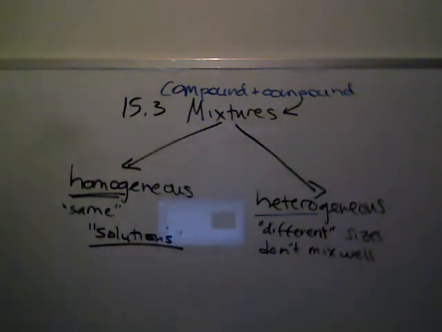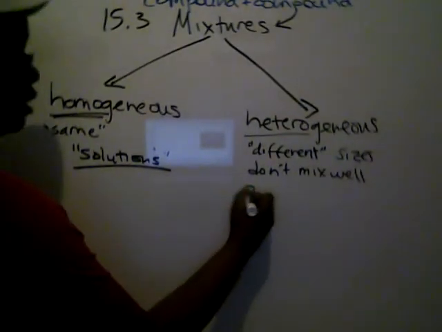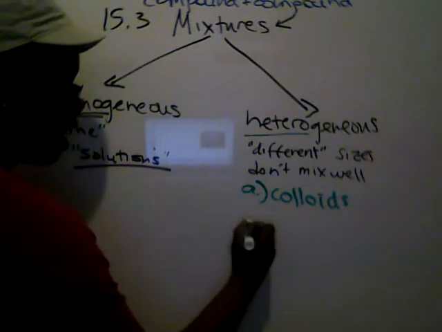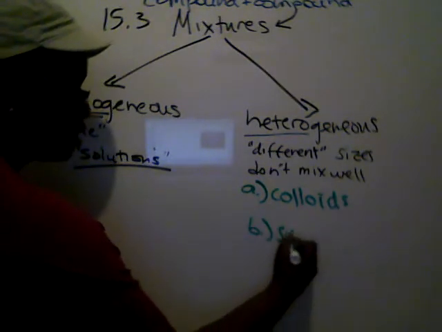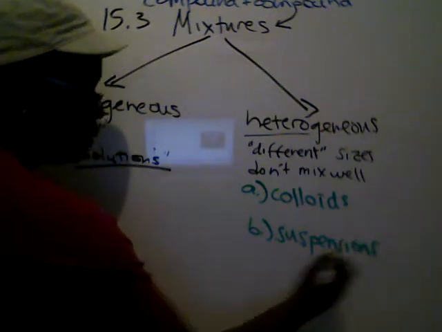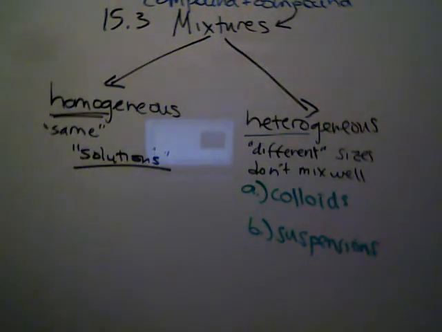And we have two different examples of heterogeneous mixtures. We have colloids and we have suspensions. But both of these are types of heterogeneous mixtures.